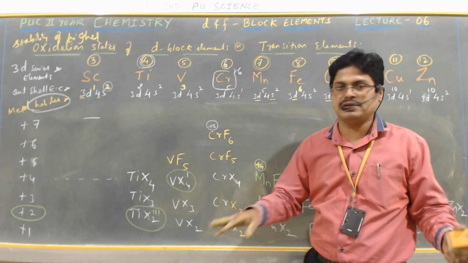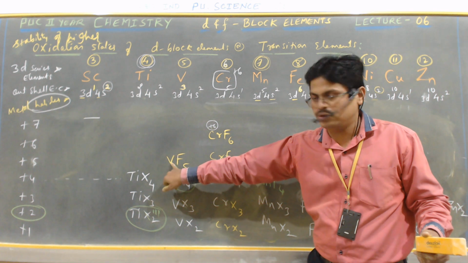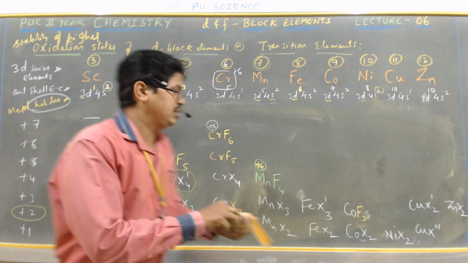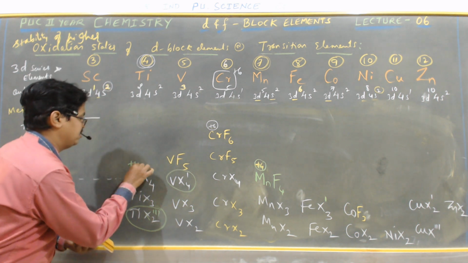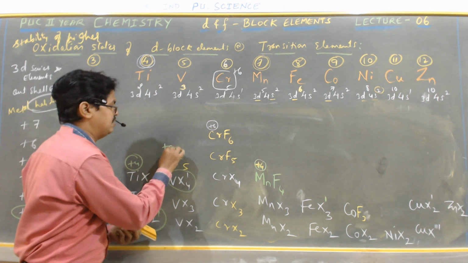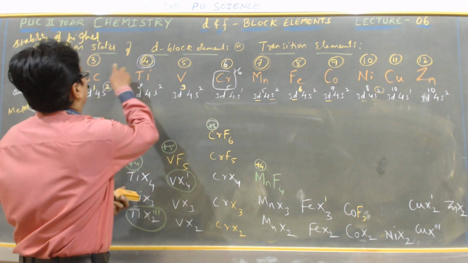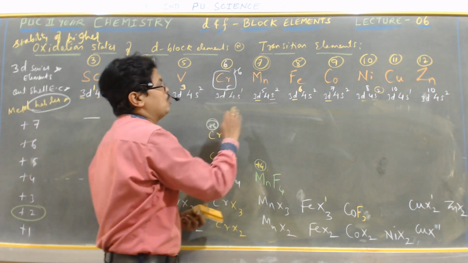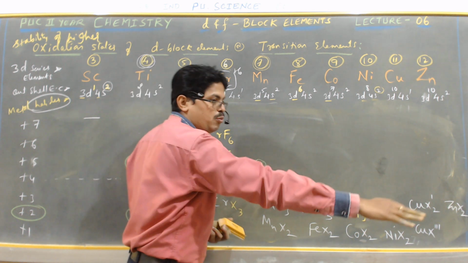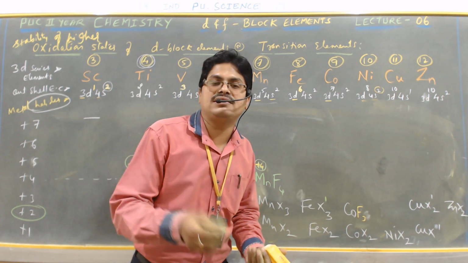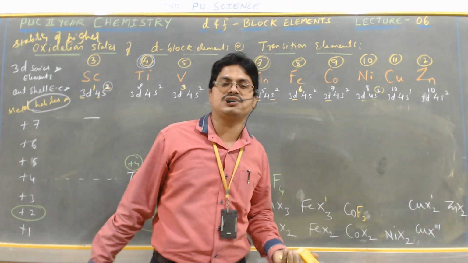That's why it is unstable. Because we are only focusing with respect to VF5, CrF6. Stability of higher oxidation state you can look at here. Plus 4 is stable with respect to titanium. Plus 5 according to vanadium. Plus 6 with respect to chromium. According to group number it is increasing. But from chromium onwards, no stable halides are there more than plus 3 oxidation state.